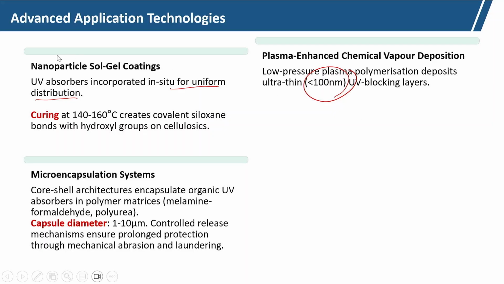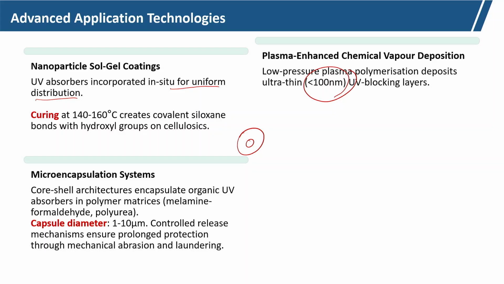So, one is nanoparticle sol gel coating, next is the plasma enhanced chemical vapor deposition, and the third one is the nano encapsulation system, where we create a core sheath structure.